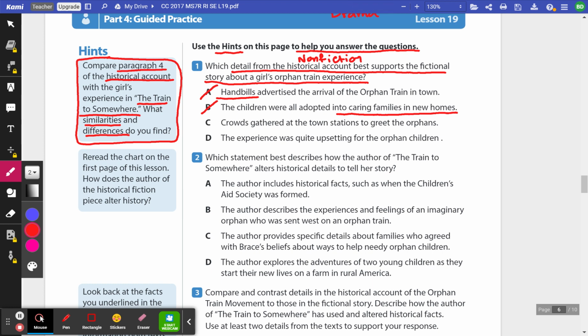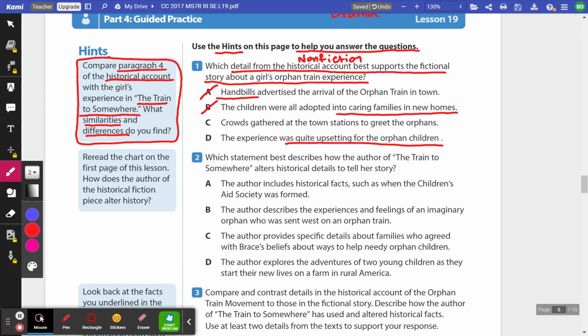But this could be a potential answer, maybe. I need to look at answer choice D and see which one is best. So D says the experience was quite upsetting for the orphan children. So I know, based on the historical account passage that we did in the first video, well, I can infer at least that the experience was pretty upsetting, right?